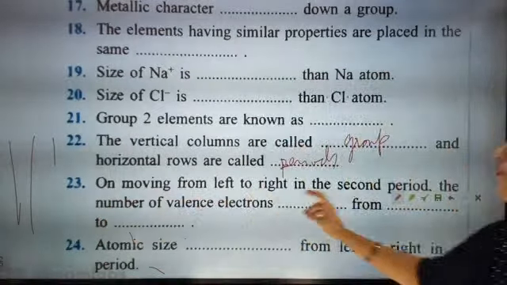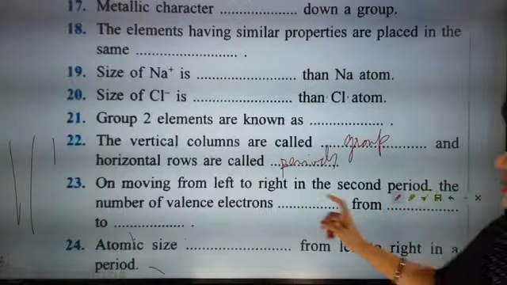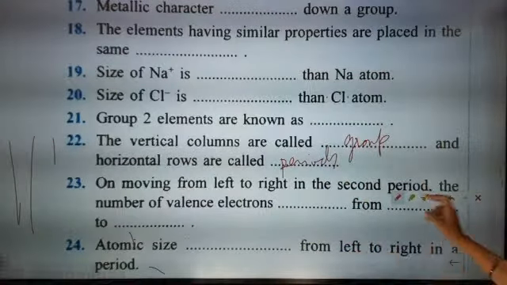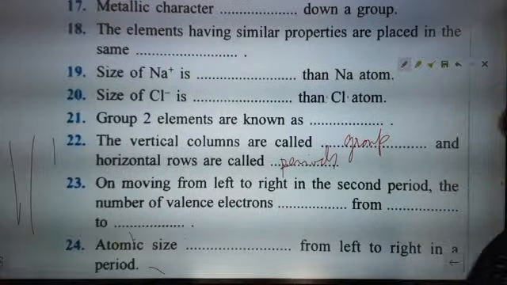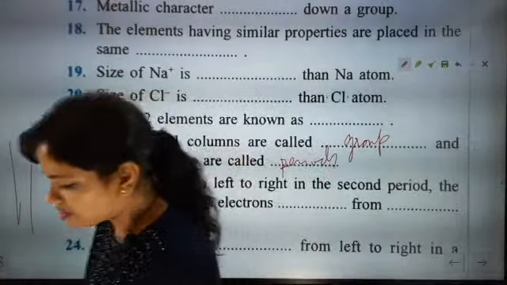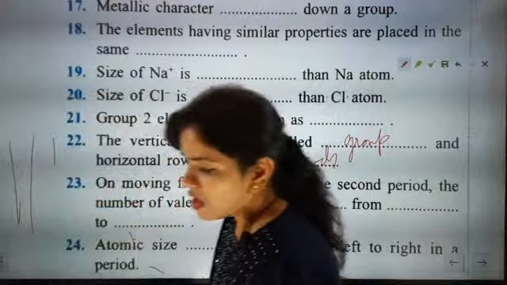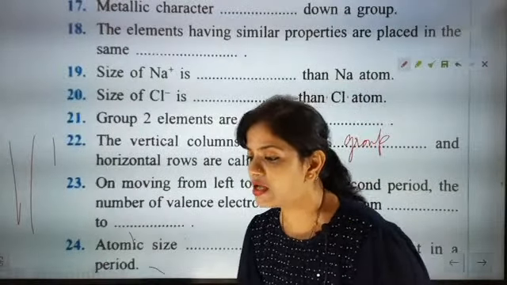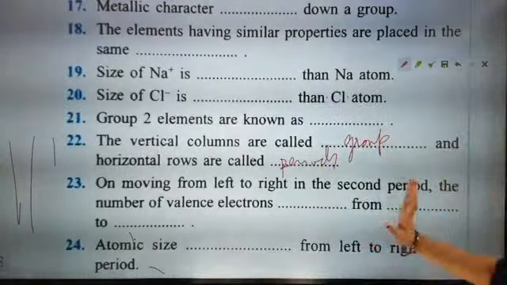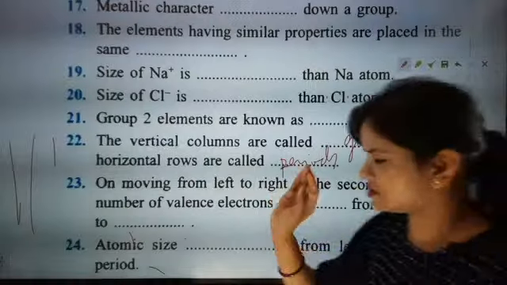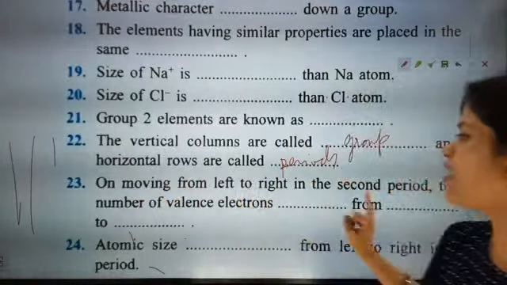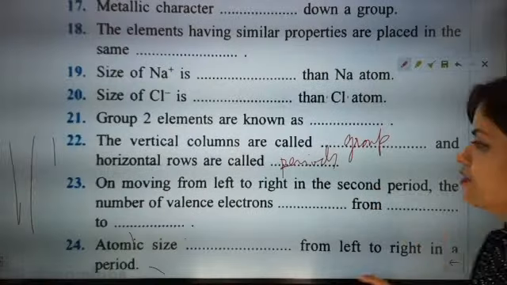On moving from left to right in the second period, the number of valence electrons dash from dash to dash. This is a peculiar question. You have to answer it very cleverly. This question totally belongs to you, beta, and it is slightly tricky, but you will be able to handle it.